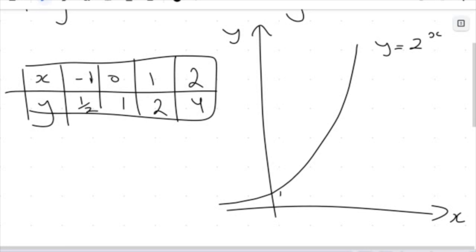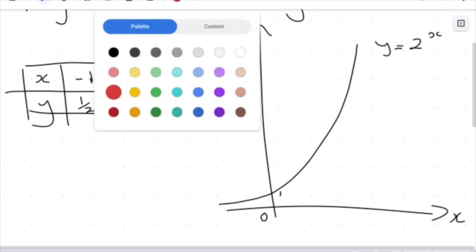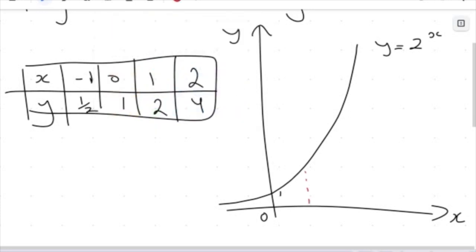So I have my intercept here at y equals 1, and a couple of other things I know is that when x equals 1, y equals 2. So this point is (1, 2). When x equals 2, y equals 4. So the point is going to be (2, 4).